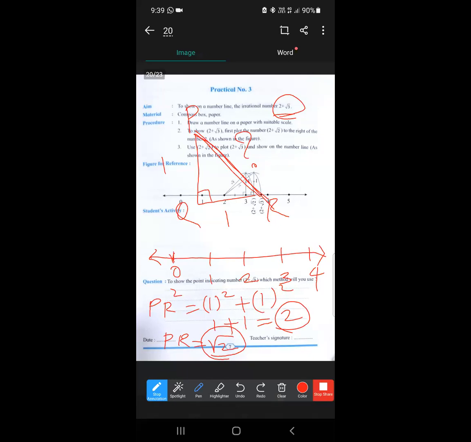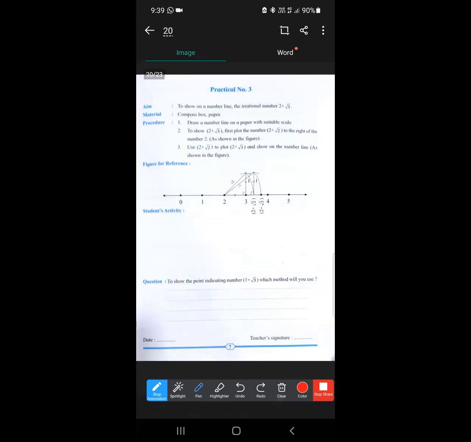Okay, so how is this root 2 plotted on the number line? Wait, I'll just clear this out. Okay, so here you can see it is 2 plus root 3.